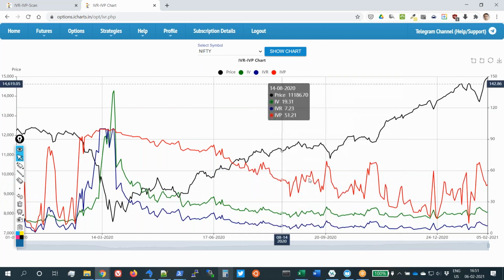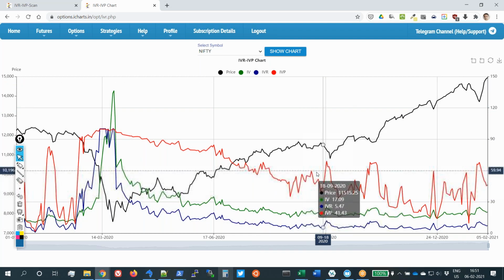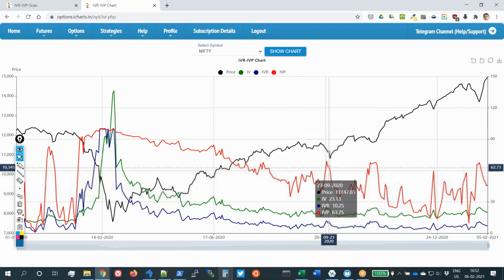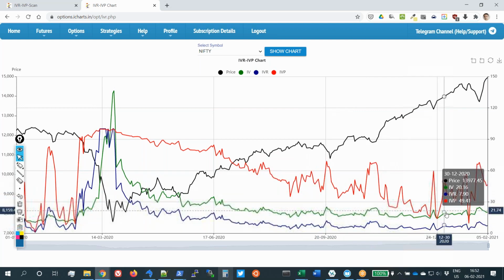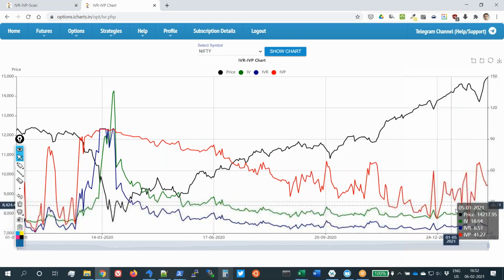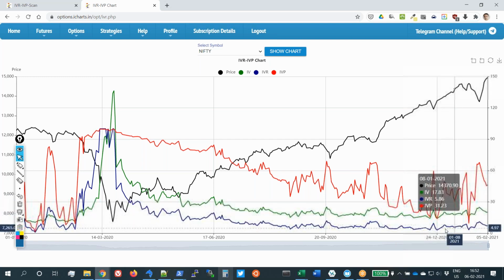Again, IVR and IVP you have to use together. If IVR is very low and IVP is still high, as over here, you have to wait till they both are close by. This is where long volatility-based strategies have to be used.